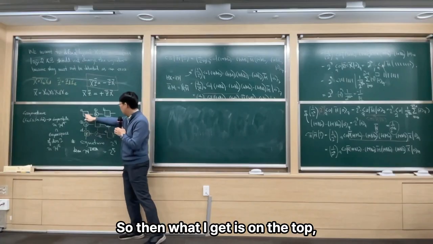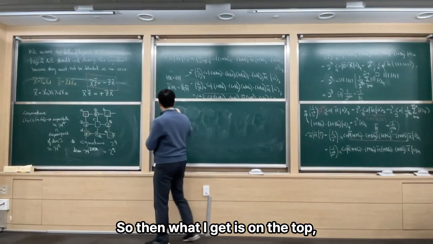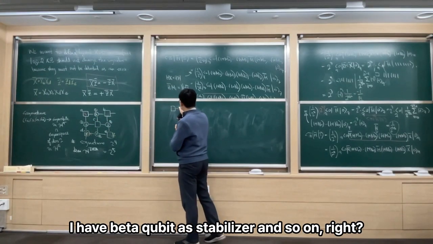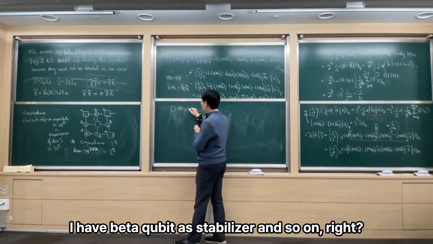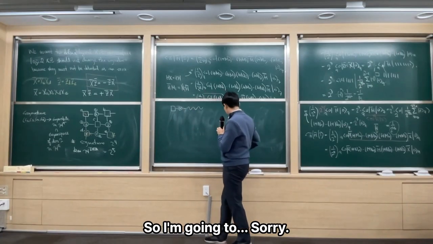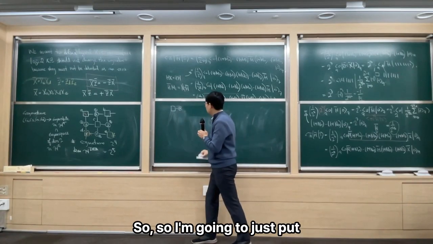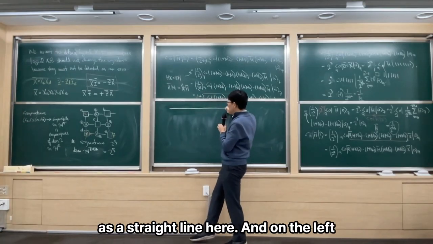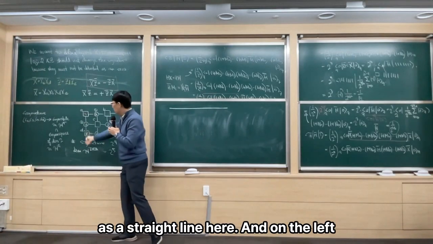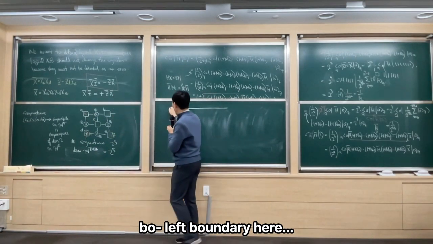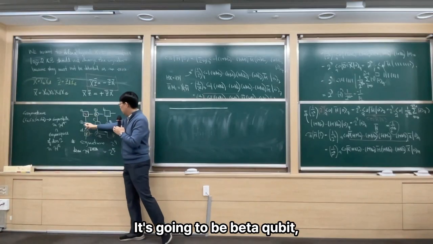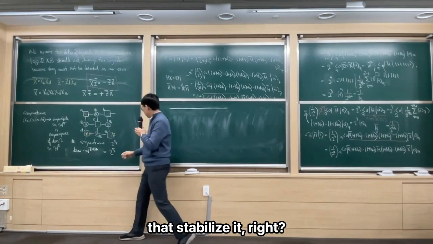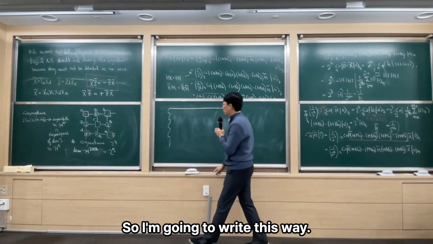So then what I get is on the top I have data qubit, X stabilizer, and so on. So I'm going to just put that line as a straight line here. And on the left boundary here, it's going to be data qubit, Z stabilizer, data qubit, Z stabilizer. So I'm going to write this way.